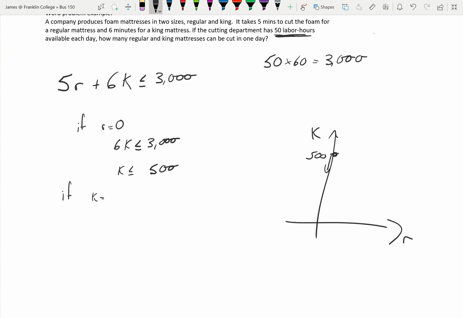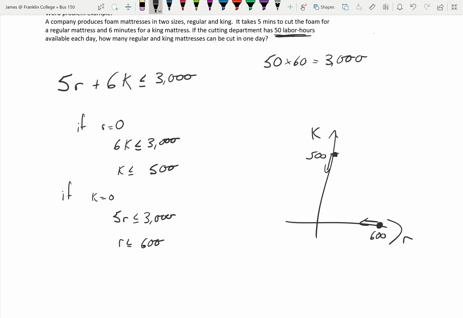If K equals 0, then we're going to get the equation 5R is less than or equal to 3,000, or R is less than or equal to 600. So R has to be less than or equal to 600.